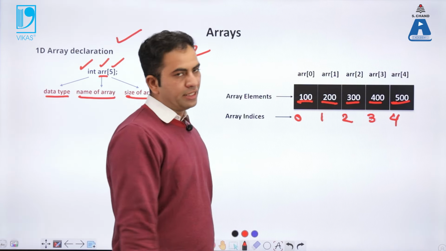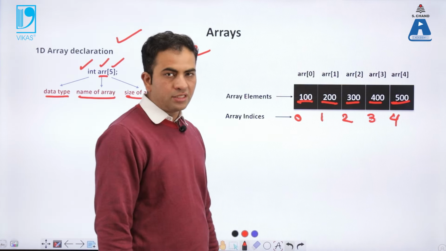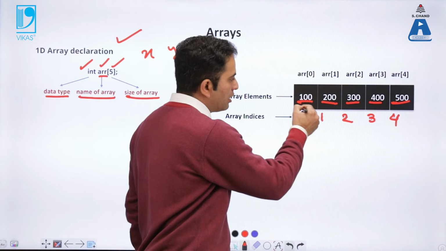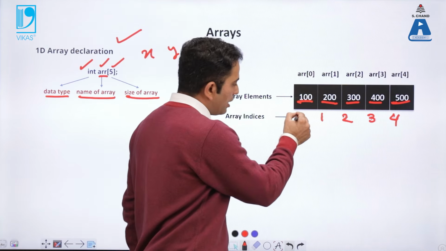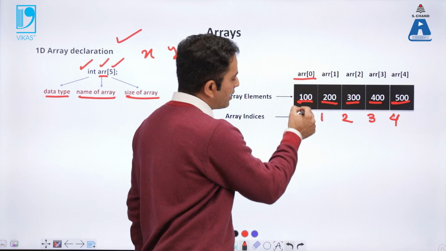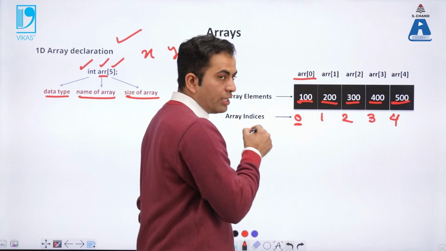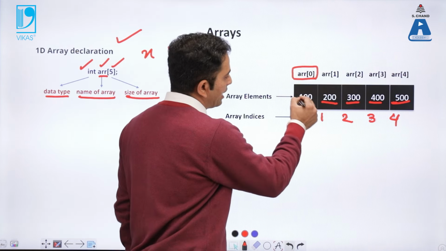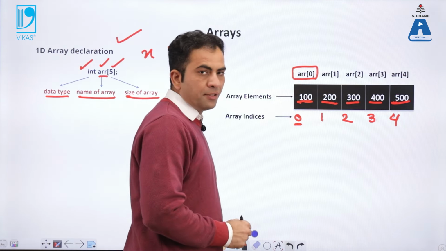The meaning of these indices is location, on what particular location this 100 is there. If we want to know at a particular location which value is there, we can access it like ARR 0. At ARR 0 the 100 is there.